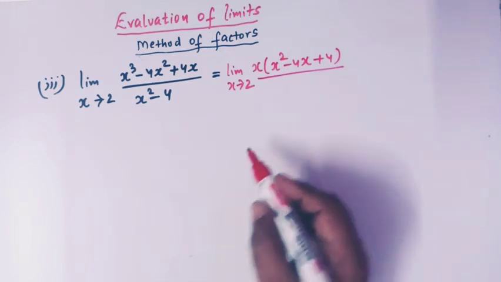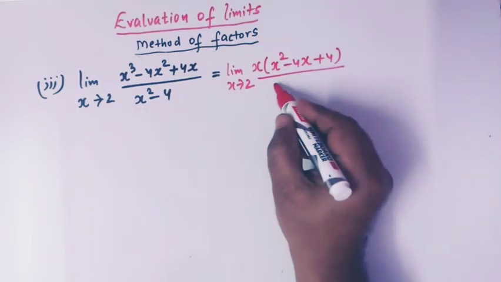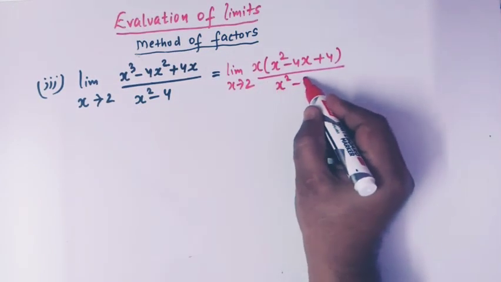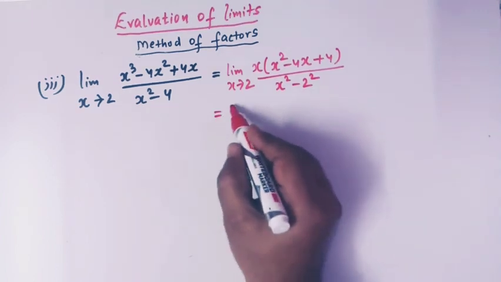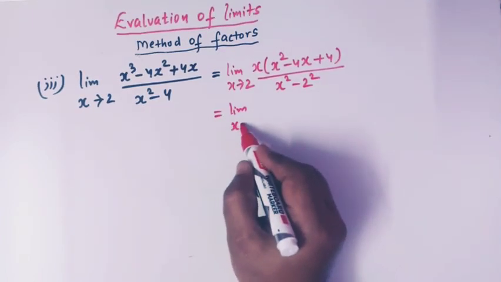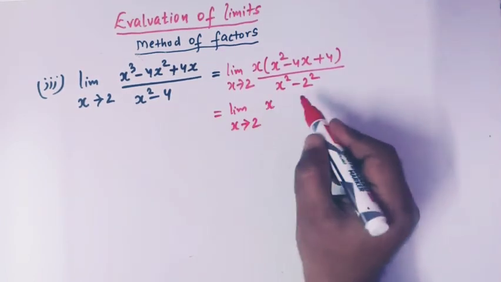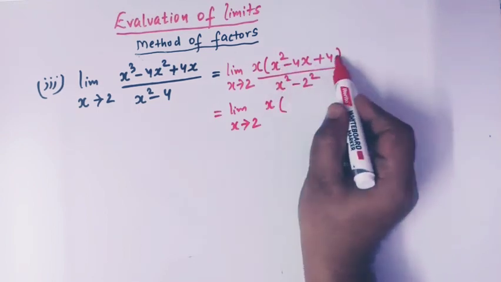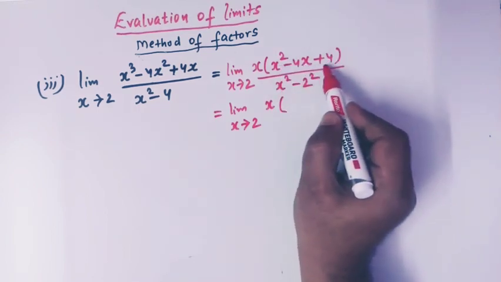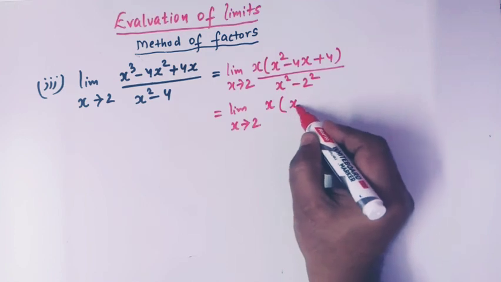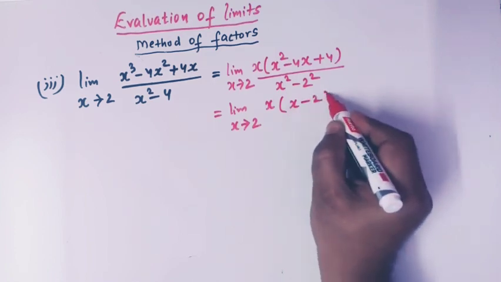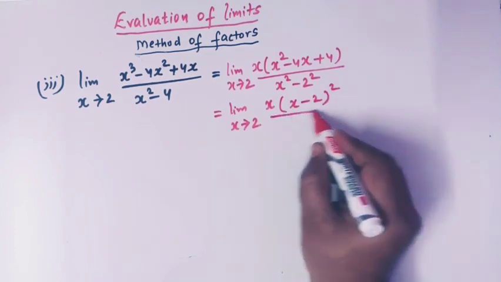And divided by x square minus 4, which can be written as x square minus 2 square, right? So this is limit x tends to 2, and this factor, x square minus 4x plus 4, can be written as x minus 2 whole square, right?